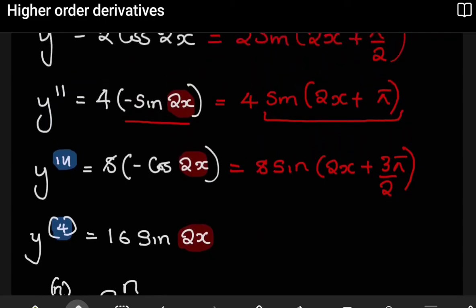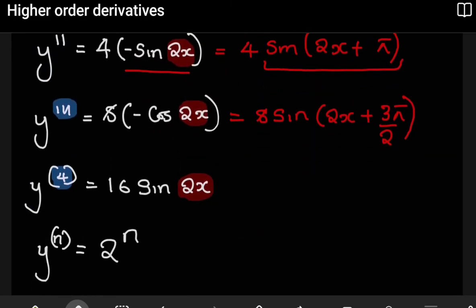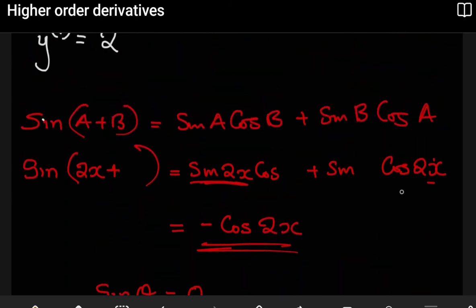When you look at this, what should survive? What should survive is minus cos 2x. If the one surviving is the 2x but just negative, it implies that the angle that comes here has to give us negative 1.